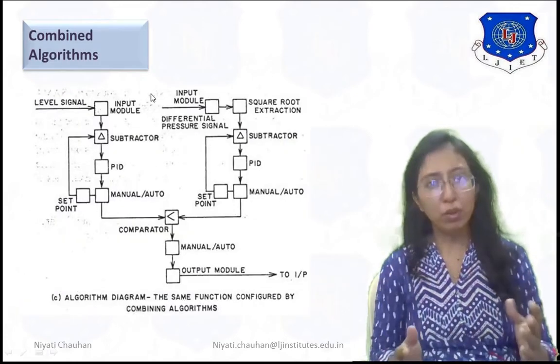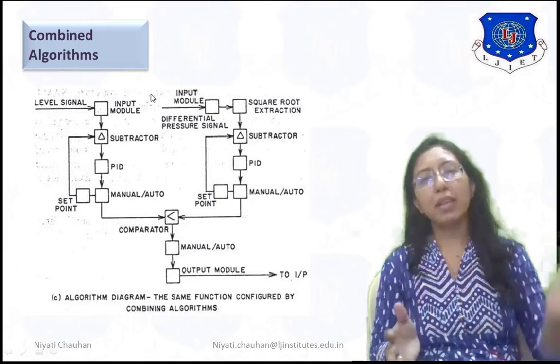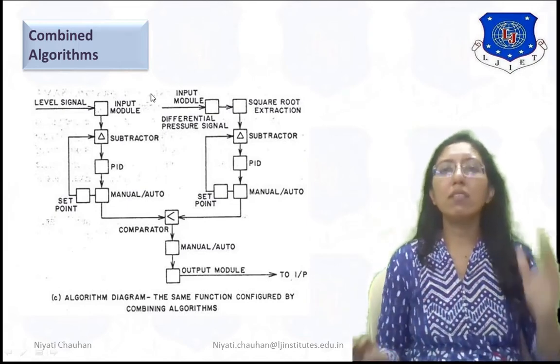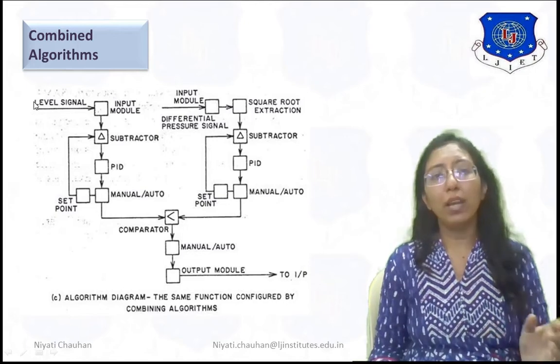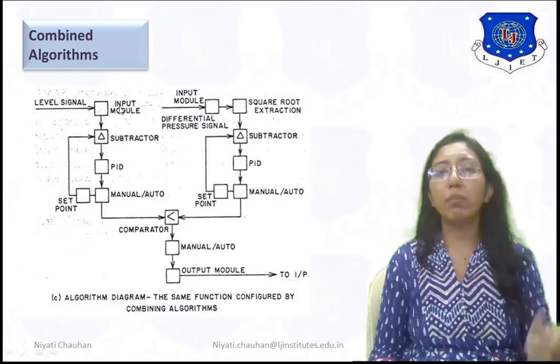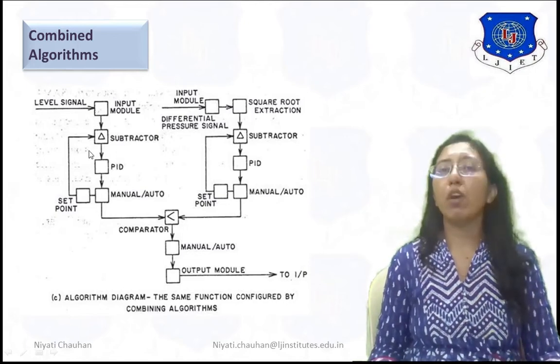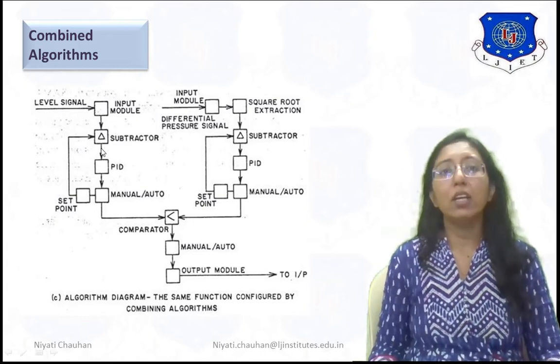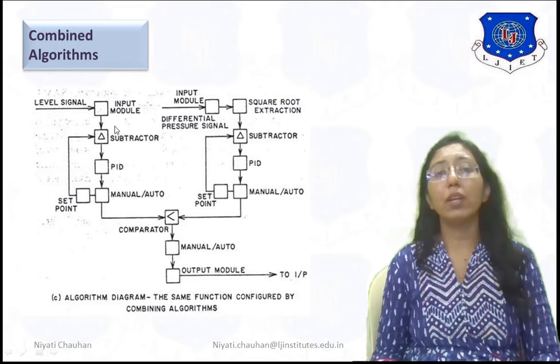In the combined algorithm, we combine the basic algorithm and the highly structured algorithm. You can see in the diagram, the level signal goes to an input module, and from the input module the signal goes to a subtractor, which gives the algebraic difference of two inputs.